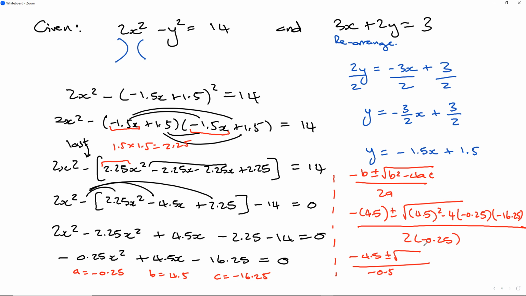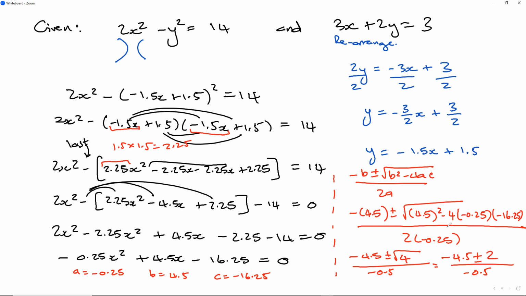So 4.5 squared minus 4 multiplied by negative 0.25 multiplied by negative 16.25, and the whole thing will come to 4 at the bottom here. So that actually factorizes into a nice number, 4, in which case we'll have negative 4.5 plus the square root of 4, which is 2, or minus 2, over negative 0.5.